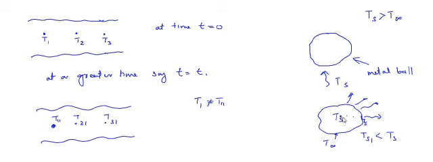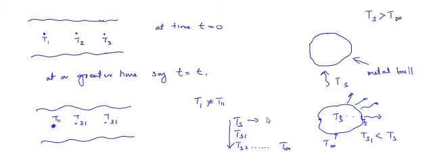If you take the temperature at the boundary, initially it was Ts, then it became Ts1, then Ts2, and so on, and finally T infinity. At this particular point, the temperature has reduced like that with respect to time.